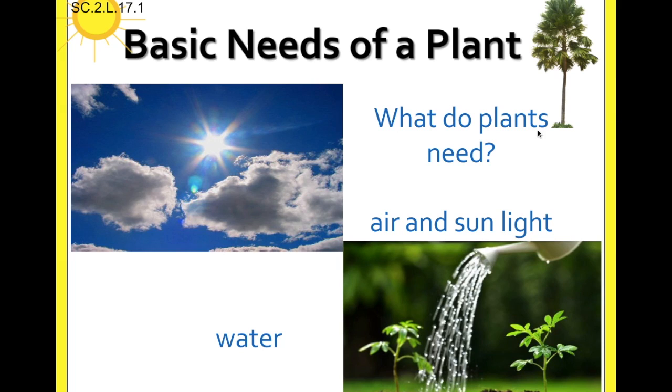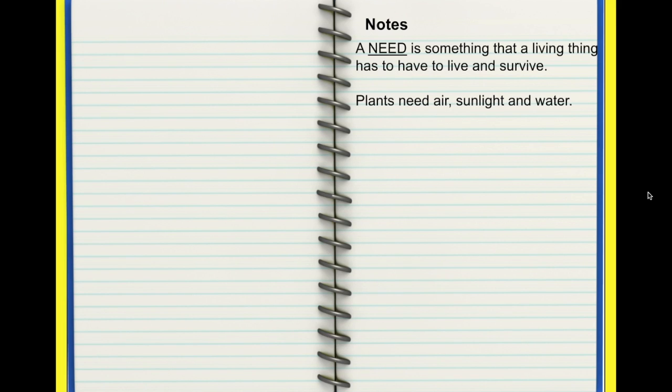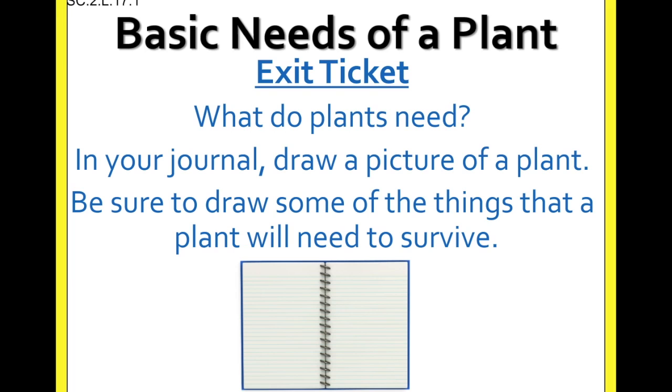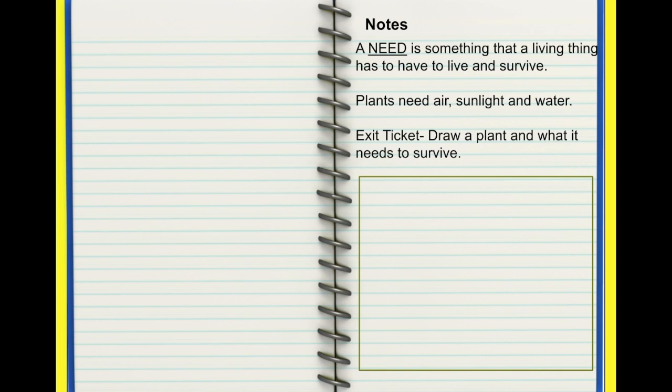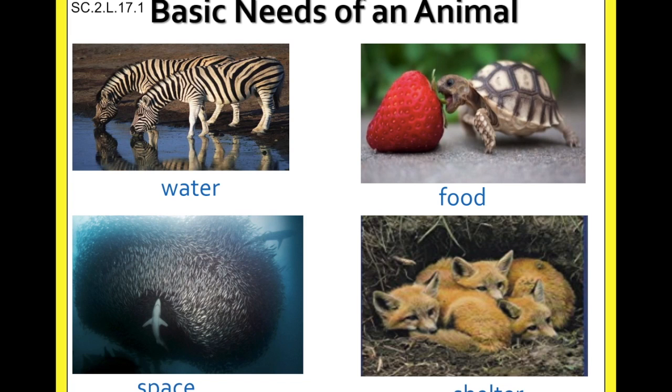So plants need air and sunlight and water. Animals. Basic needs of an animal. Water, food, space, and shelter.